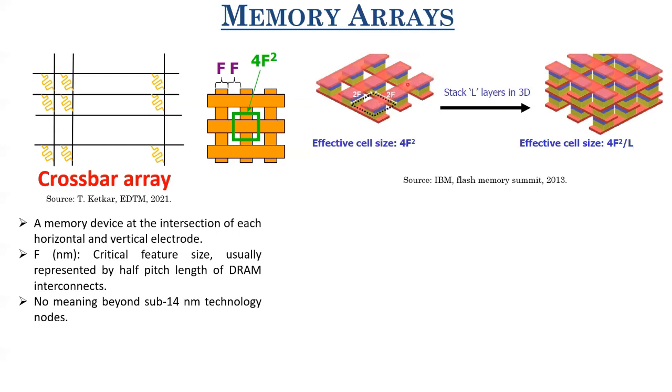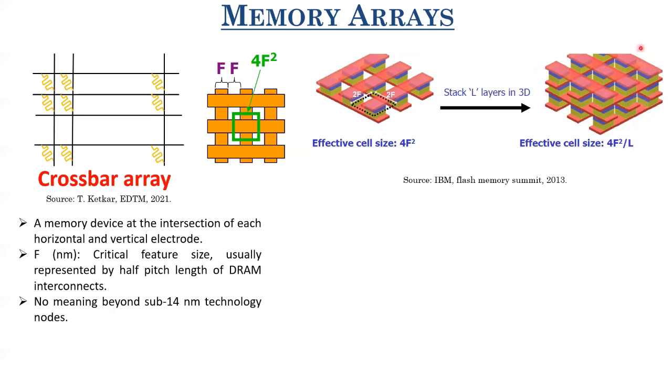And again, if you want to stack another layer on top of it, it will go again in this direction. So you have this bottom electrode, then you have the top electrode which is orthogonal to this. Then the top electrode of this cell is orthogonal to the previous layer, and similarly, the next cell's top electrode is orthogonal to it.